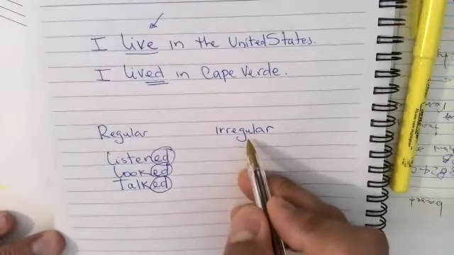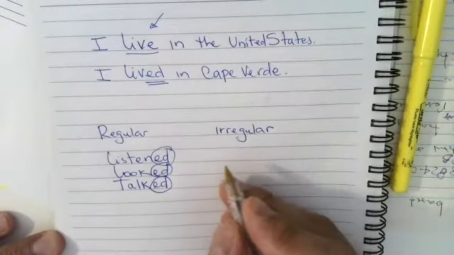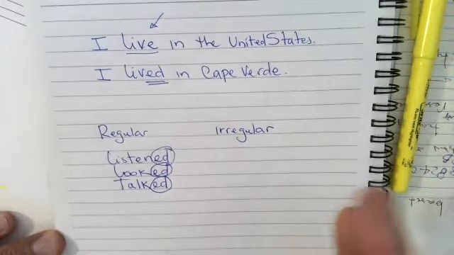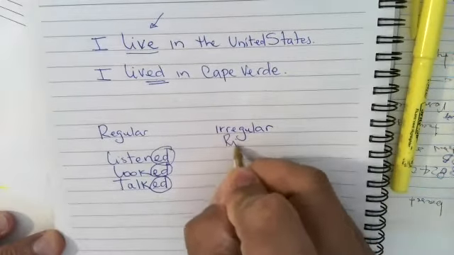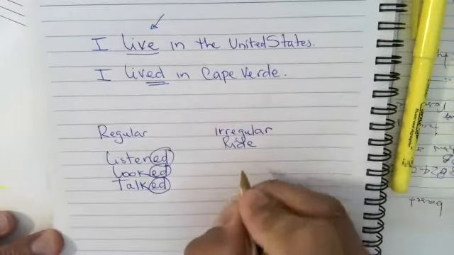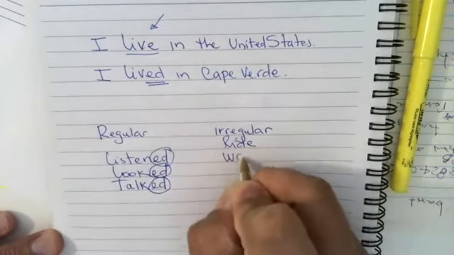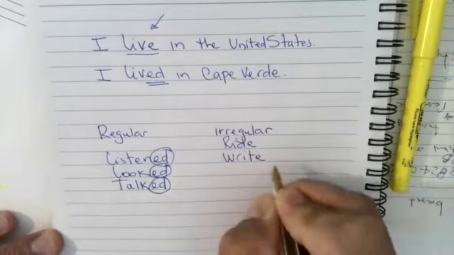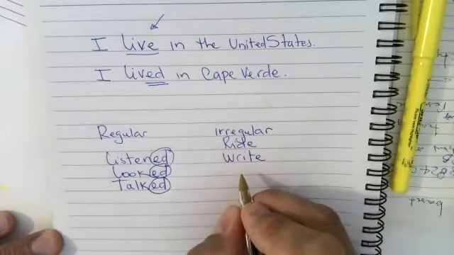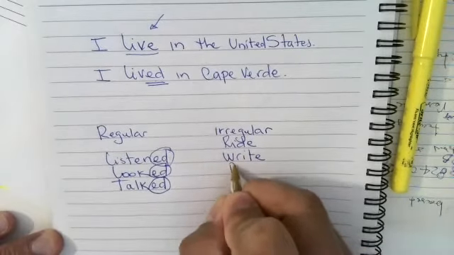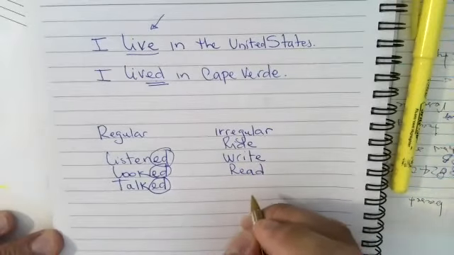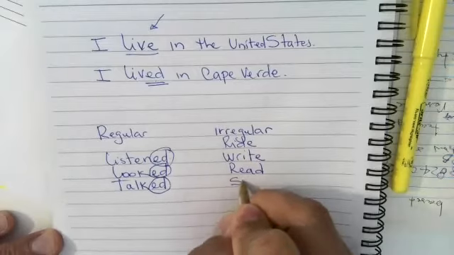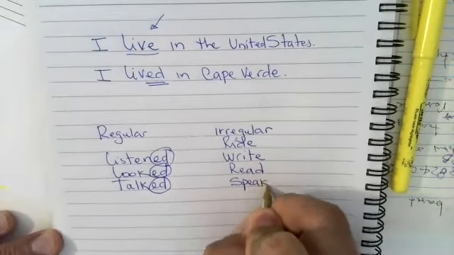And irregular verbs are verbs when they go to the past, they change structure. For example, the verb ride, like riding a horse, write, like writing, the verb read, and the verb speak. Okay?